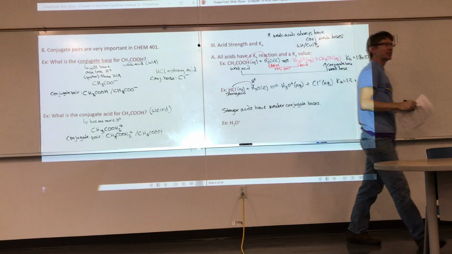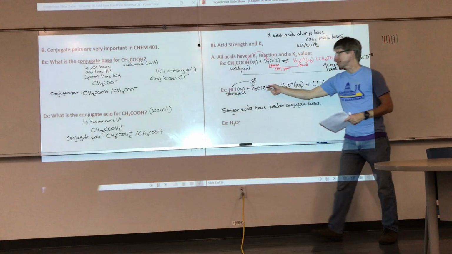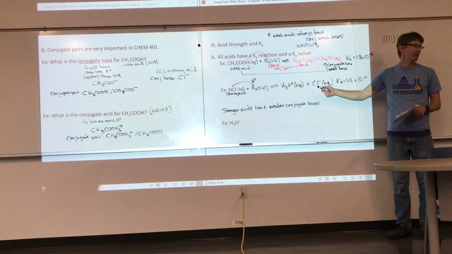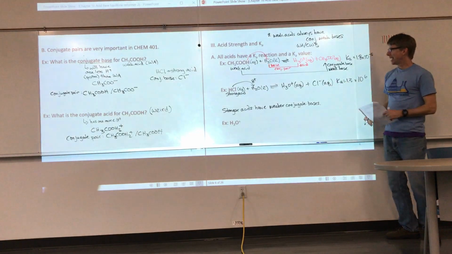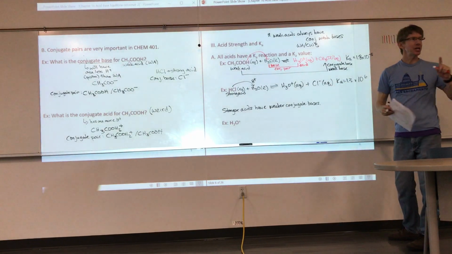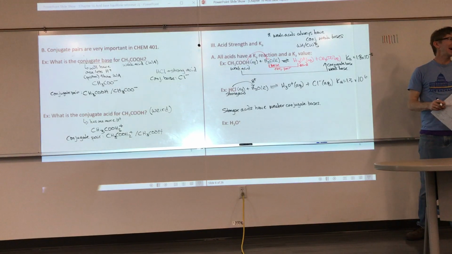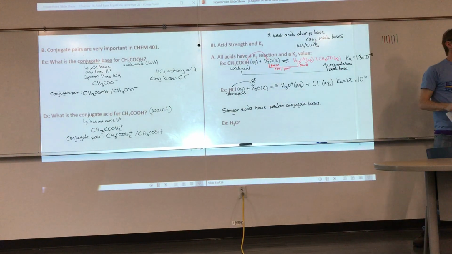There is an inverse relationship there, meaning the better this is at giving up a proton, the worse this is at taking one, since they're related to each other. Now, I've already said that weak acids go with weak bases. So now, strong acids, their conjugates are, I call them inert bases.